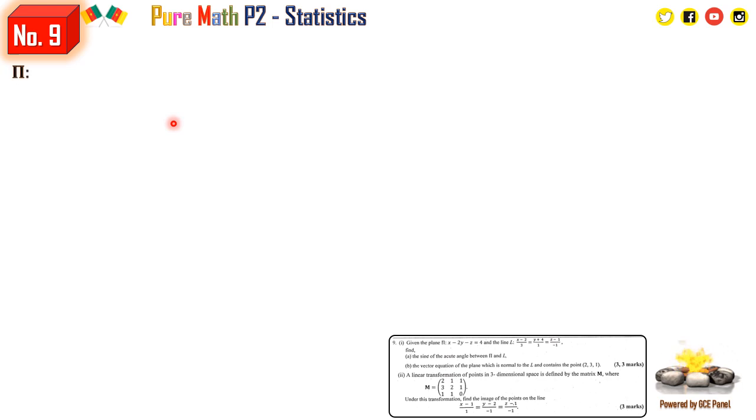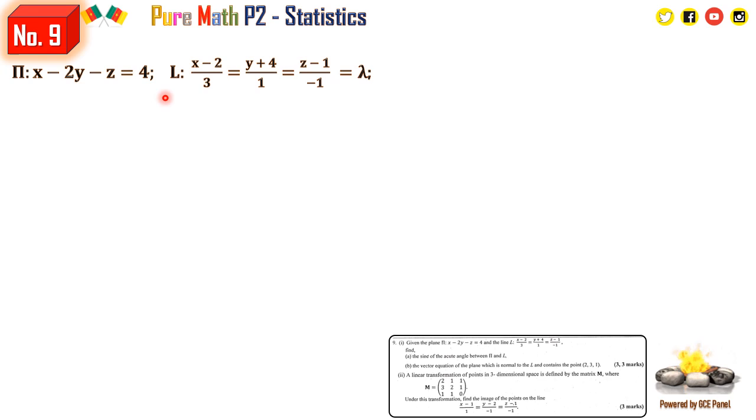In this case, we have been given our plane as x minus 2y minus z equals 4 and the line as (x minus 2)/3 is equal to (y plus 4)/1 is equal to (z minus 1)/negative 1, which is equal to lambda. They did not give lambda in the equation, but we know this is equal to lambda.